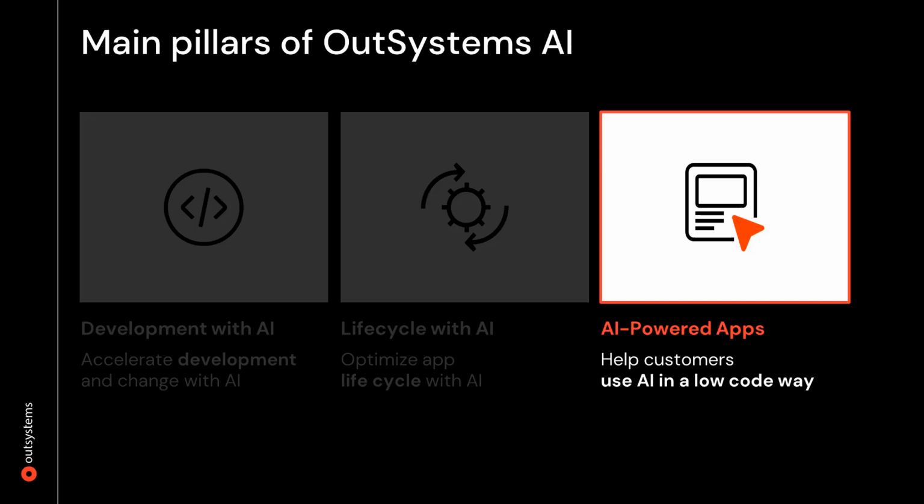An example of this is our AI Mentor application that continually assesses the applications in production to help your team follow best practices and avoid future technical debt. And finally, AI Builder falls into the third pillar of AI implementation, which allows the OutSystems developer to extend the platform and easily leverage other solutions and services.